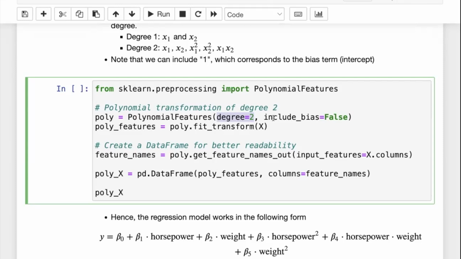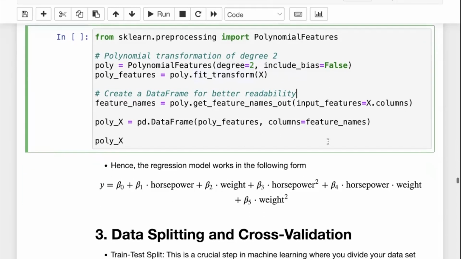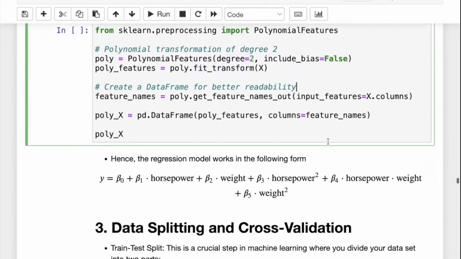So that's why here I specifically say that I do not want to have a bias term. And once you instantiate this object, now you use again fit_transform. So this means find all the degrees that I need to consider and also apply this to the data that we have.